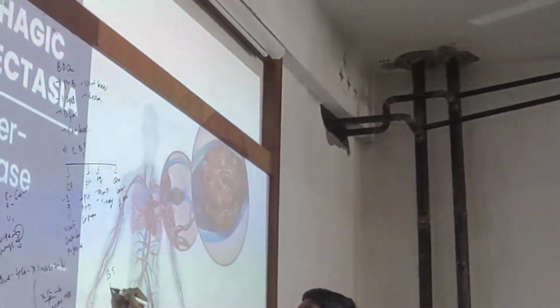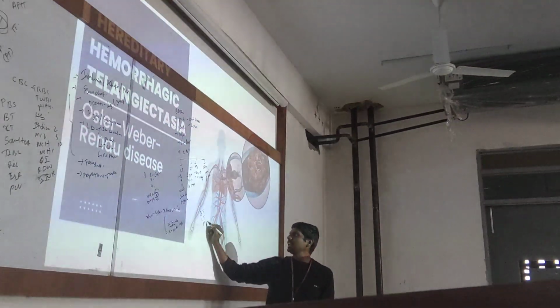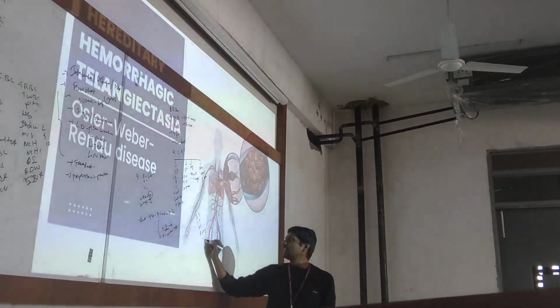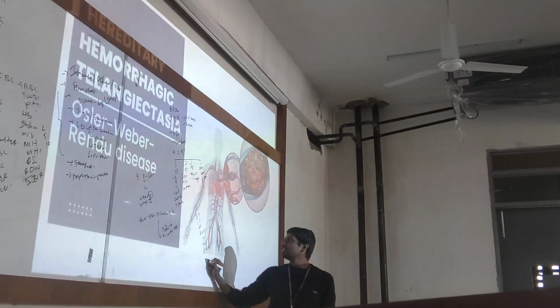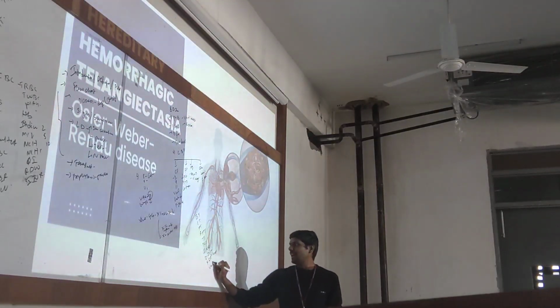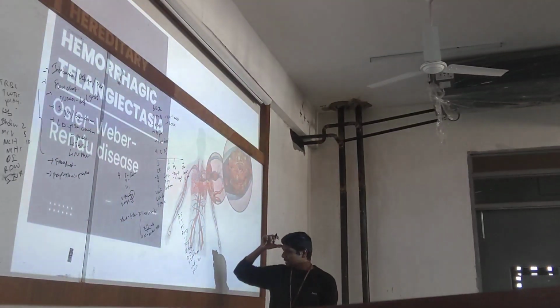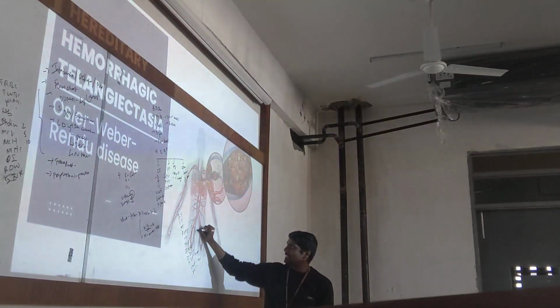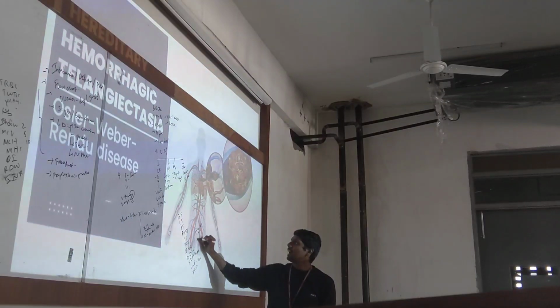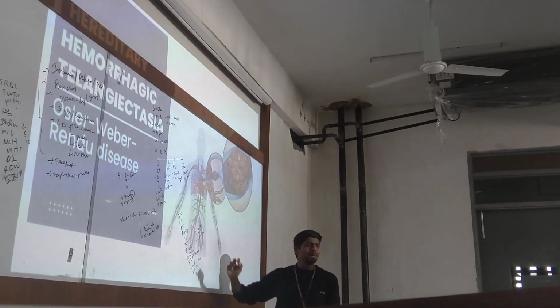Starting from BT, CT, PT, APTT, TT, TGT, INR, very good, D-dimer test, and FDP level test, factor levels, platelet function test. Even we can write more: fibrinogen levels, and collagen issues. Do you remember?